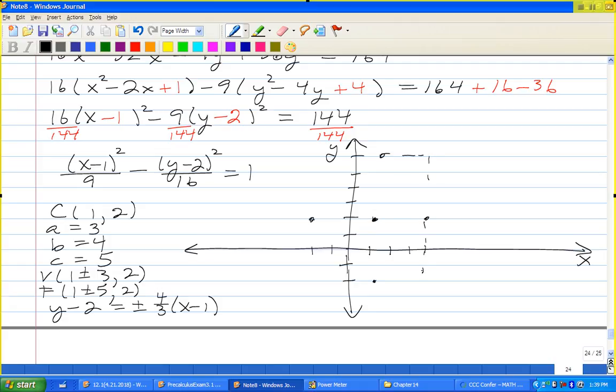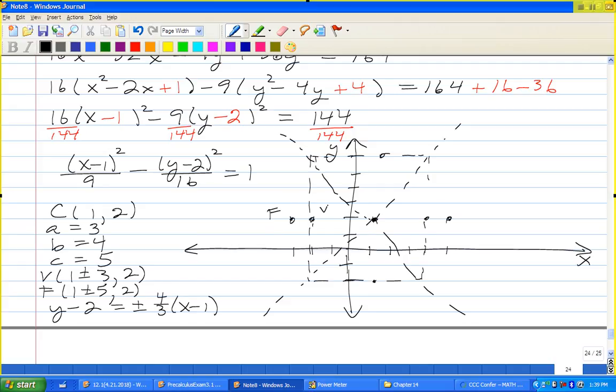Draw your bounding rectangle. These are your asymptotes, the diagonals of your bounding rectangle. And let's see the x's. Okay, so 5. That's 4, 5.